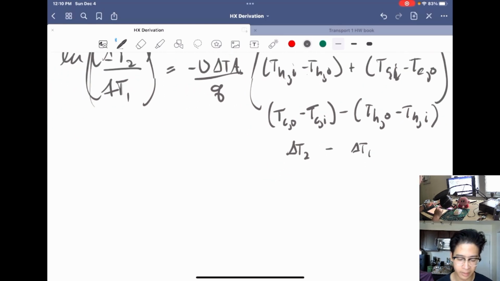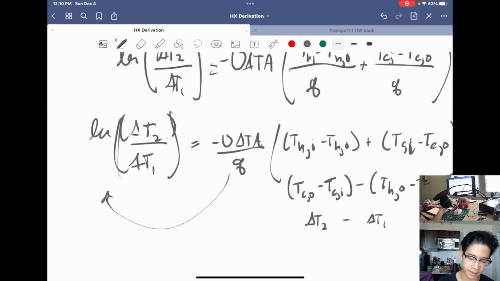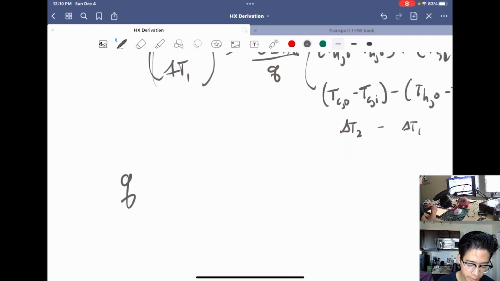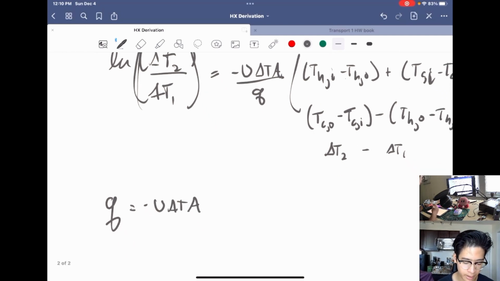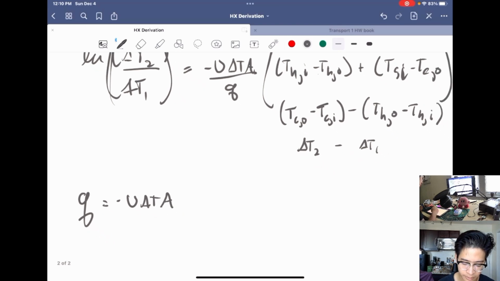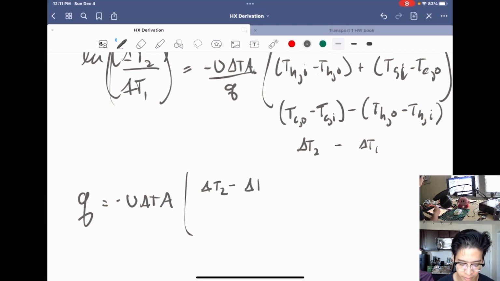Rather convenient, right? And then we bring the Q to the other side and put the log in the denominator. So now we have Q equals negative U delta T multiplied by the area multiplied by the difference in temperature at position 2 minus the difference in temperature at position 1, over the natural log of delta T2 over delta T1. Okay?